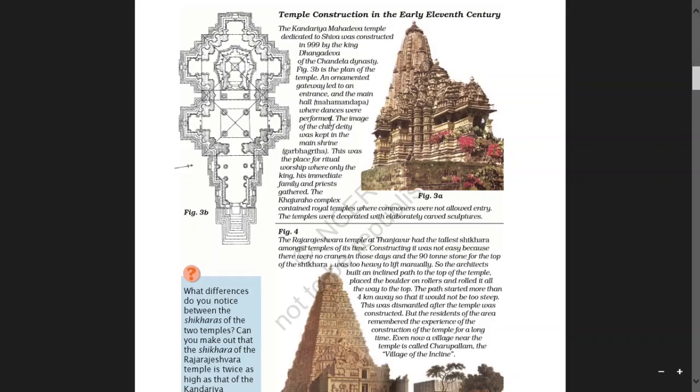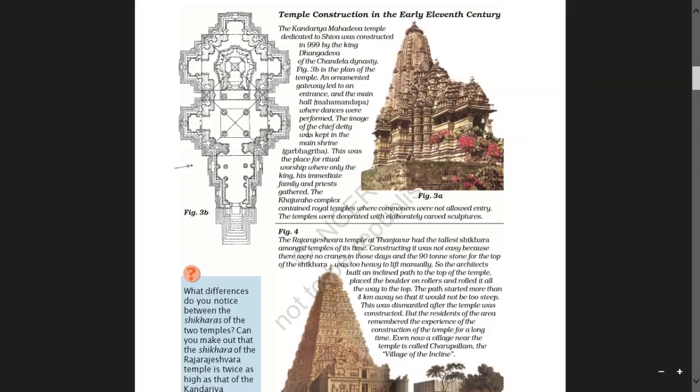The gateway led to an entrance, through which people used to enter the temple, and the main hall of the building, boys, which is known as Mahamandapa, where dances were performed.